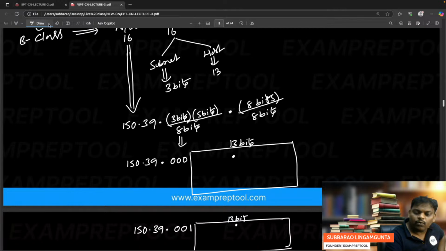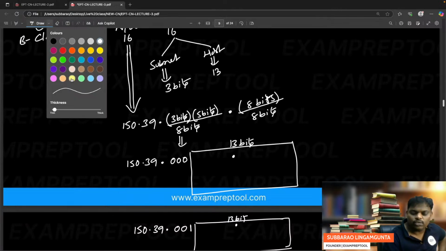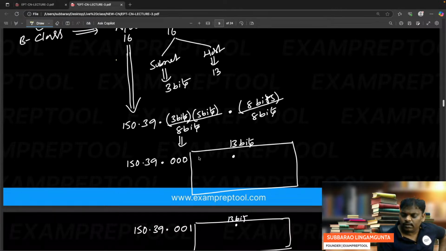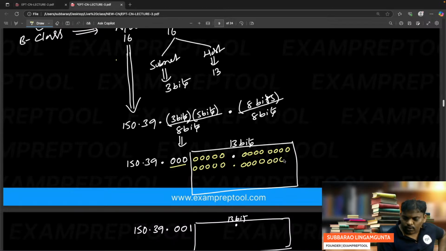Some people are asking how 13 bits. Now what you are going to do? 13 zeros to 13 ones. Nothing there, you already have 3, so add 5. 13 zeros to 13 ones. Don't worry about the dot. Continue, and lastly 13 ones.